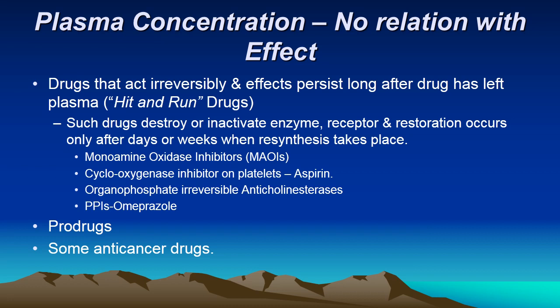The classical example is aspirin, which in low doses is a cyclooxygenase inhibitor of the platelets and the effect lasts for 7 days. Similarly, the proton pump inhibitor omeprazole is an irreversible inhibitor of the sodium hydrogen ATPase pump in the gastric canaliculi, and the effect remains despite the fact that the drug is not there.